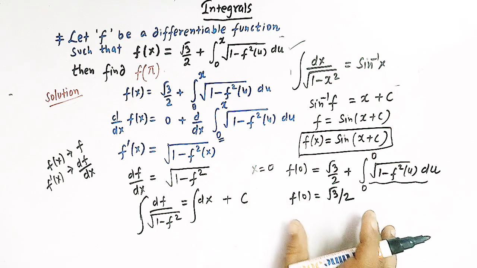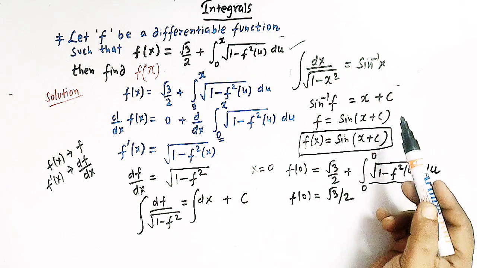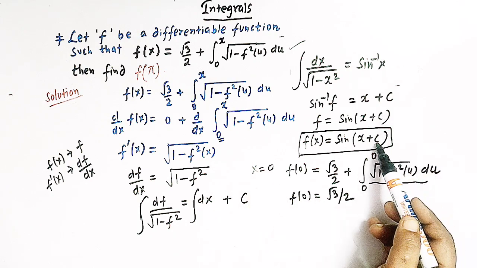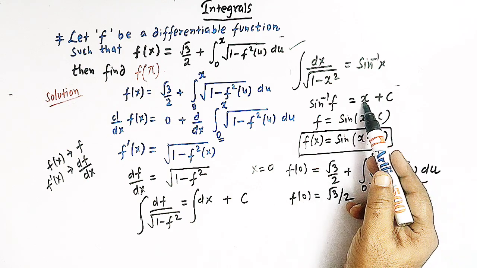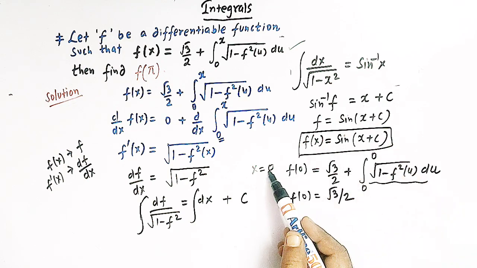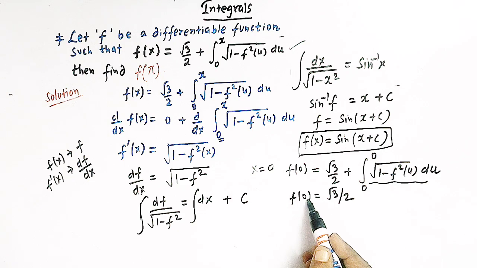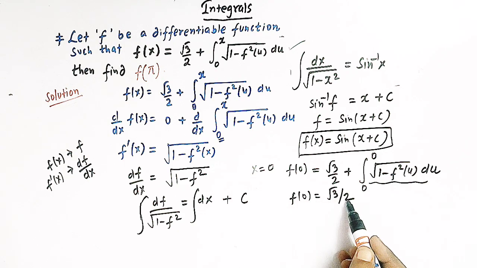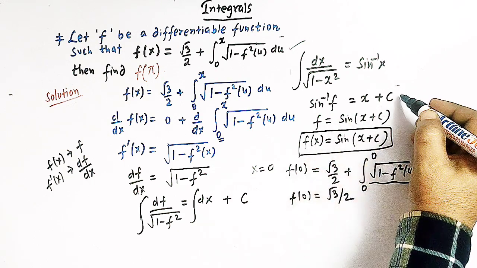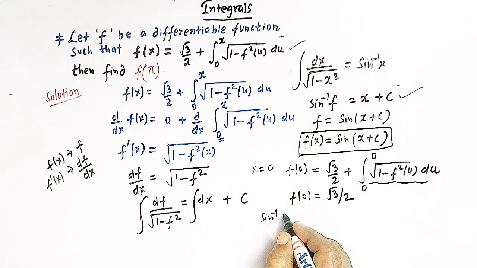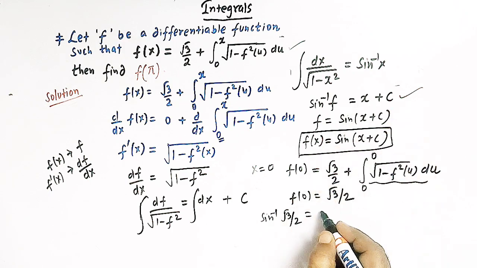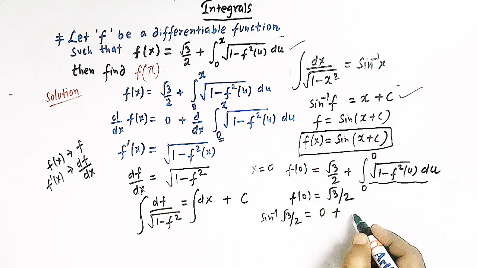Now let us use this condition to get the value of c, right? So what we will do, we'll take x is equal to 0, and f of 0 is equal to square root of 3 over 2 in this equation. So we have sine inverse f is given by square root of 3 over 2, and x is 0, and here we have c.